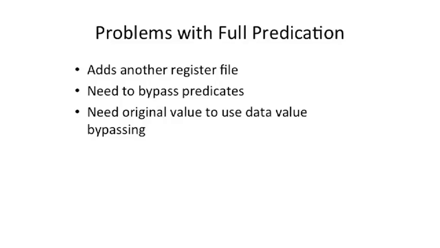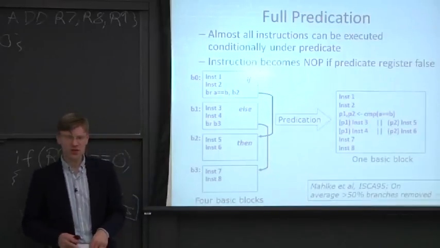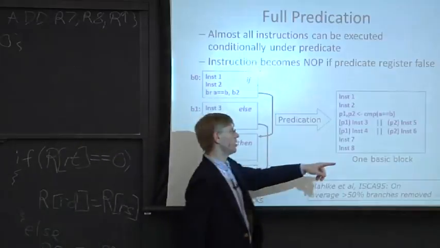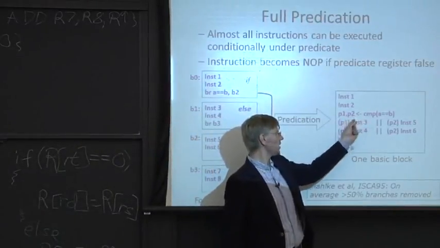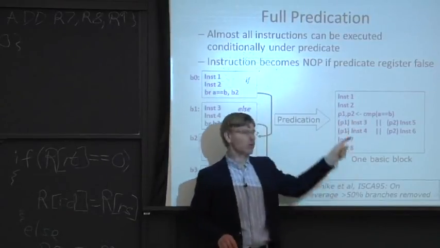OK, so to sum up here, our problems with full predication is that you need to add another port to the register file. You need to bypass the predicates. So what I mean by that is you're computing predicates, and you want to use it in the next instruction. So if we go back to this instruction sequence here, we compute these predicates, and we want to use them very quickly after.